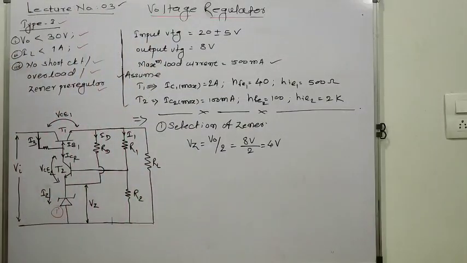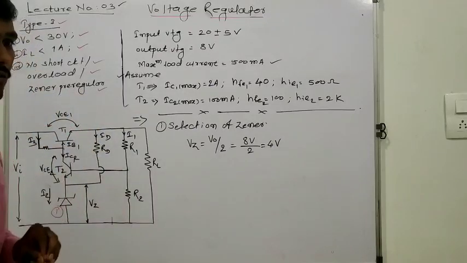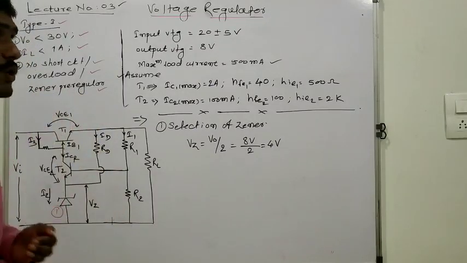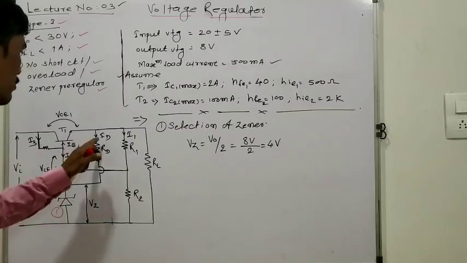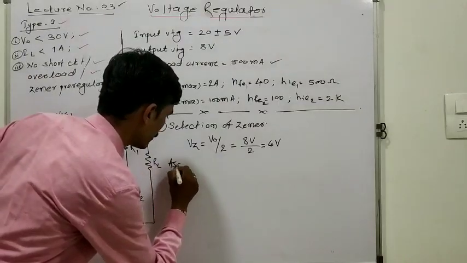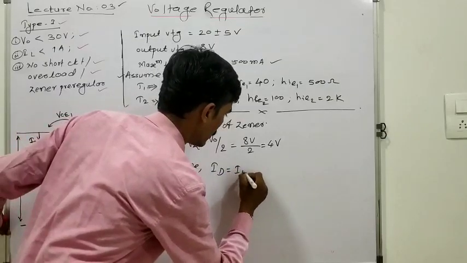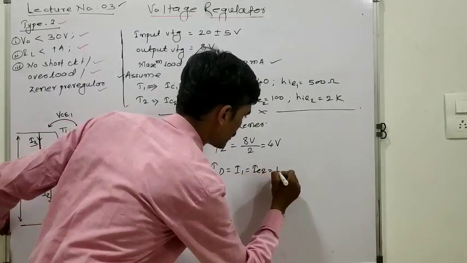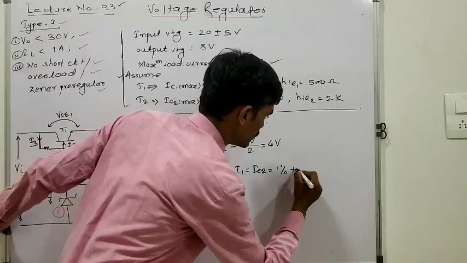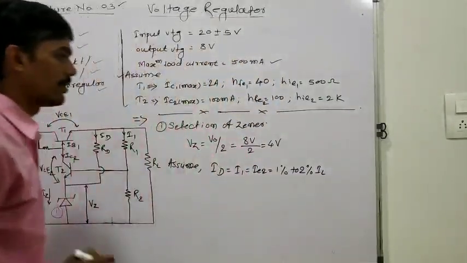Then here we have to assume some current. There are some parameters while designing any type of analog circuit for which we have to assume some data. So here we have to assume ID, I1 as well as IC2. Assume ID equals I1 equals IC2 equals 1% to 2% of IL, where IL is the load current.